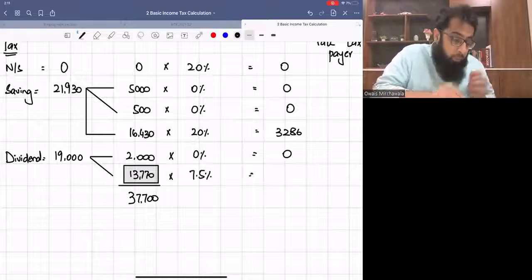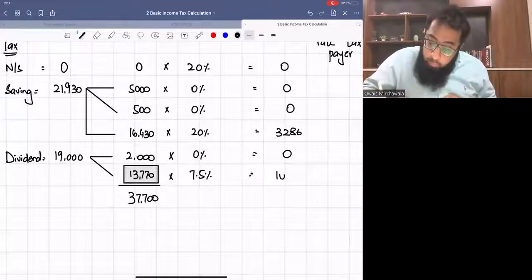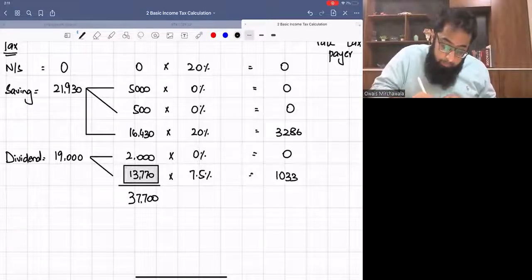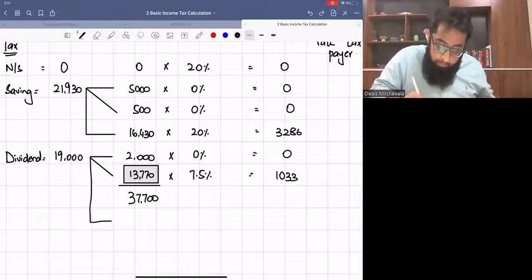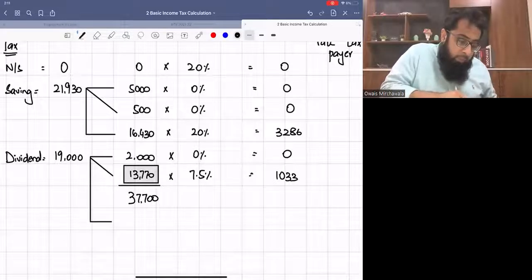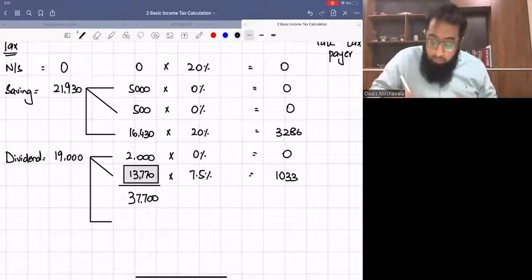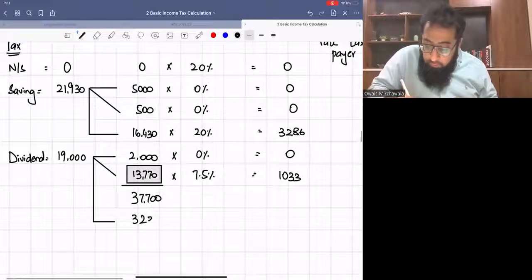I will repeat it, so don't worry. That gives 1033. And the remaining dividend, 19,000 minus 2,000 minus 13770, so 3230 is remaining.